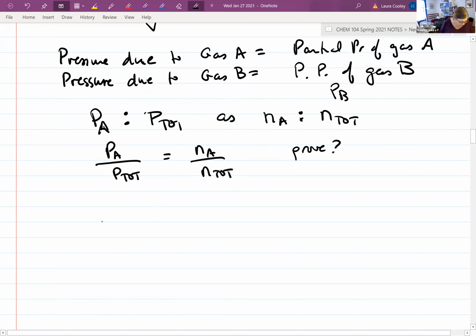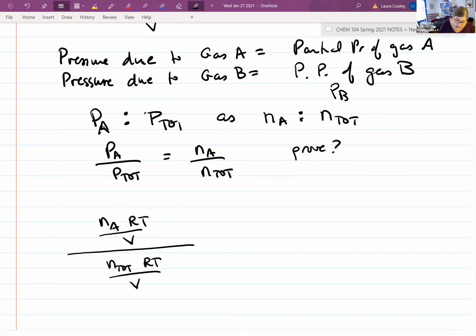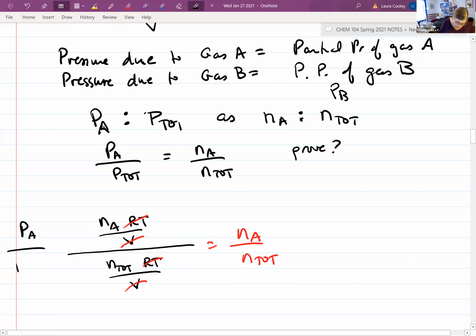Very easily. Because PA is NA RT over V, and P total is N total RT over V, and everything cancels except those moles. This cancels, this cancels. So this is NA over N total. And of course, what I just did here, which I should have probably written, was PA over P total. Okay, so I've just proved this relation.